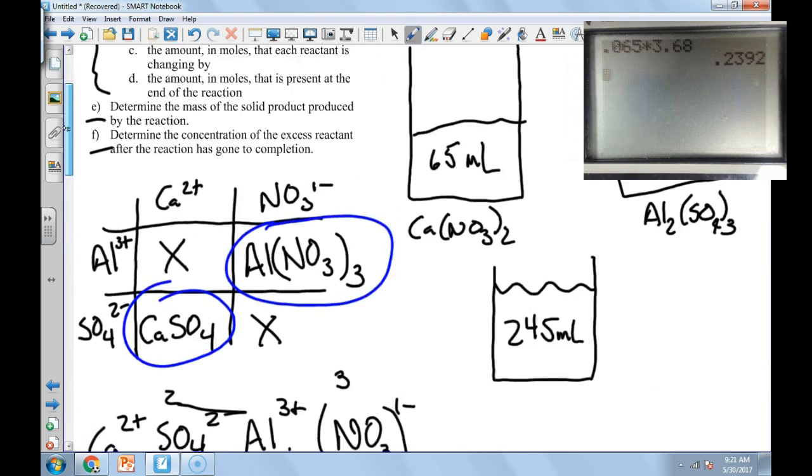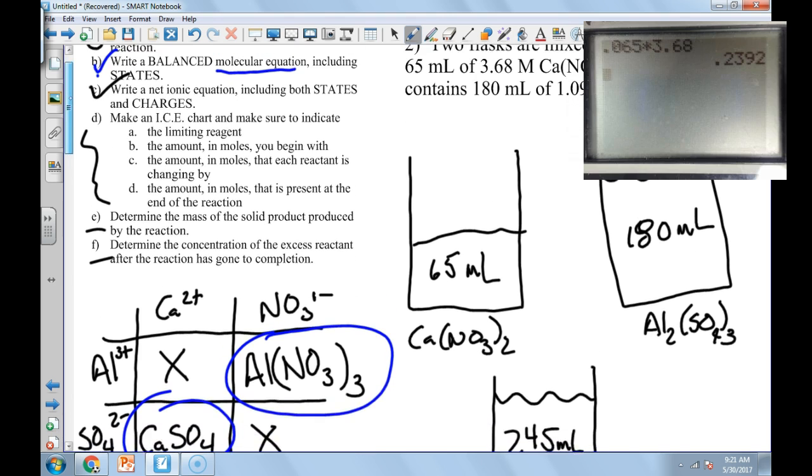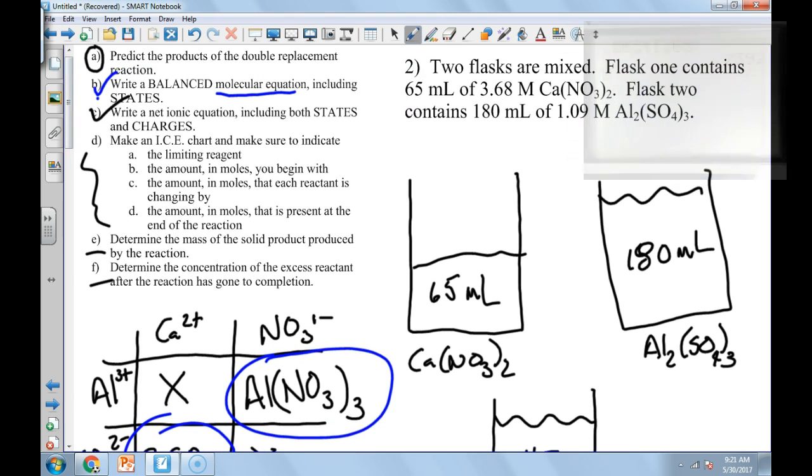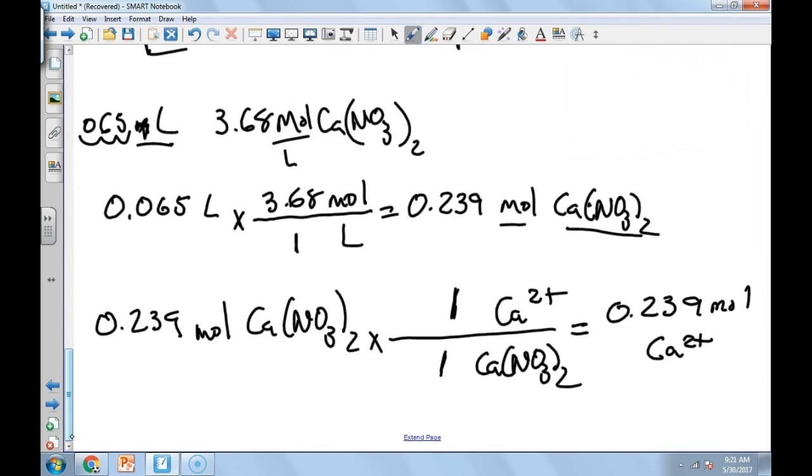Now we're going to do the same process with the sulfate. So we have 180 milliliters of 1.09 molar aluminum sulfate, Al2(SO4)3. I'll get rid of my calculator because it's in the way.